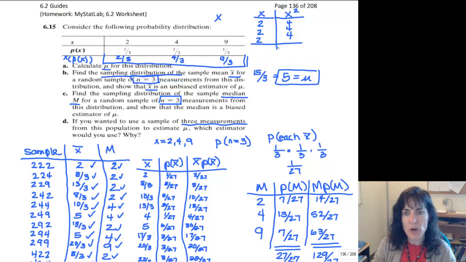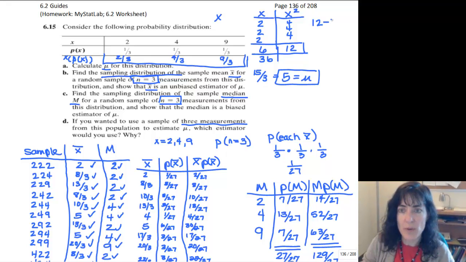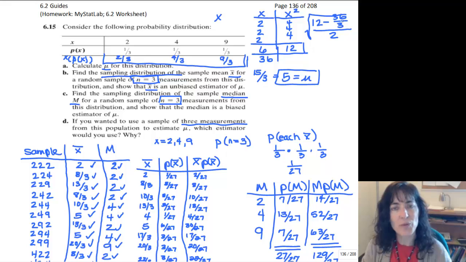So find the x's and you square them, add up the squares, so that's going to be 4, 8, 12, so I'll have 12, and then add up your x's, so 2, 4, 6, and then square that, and so you have 36. That little formula, remember, is going to be 12 minus 36 over 3, divided by 2, and then take the square root of everything.